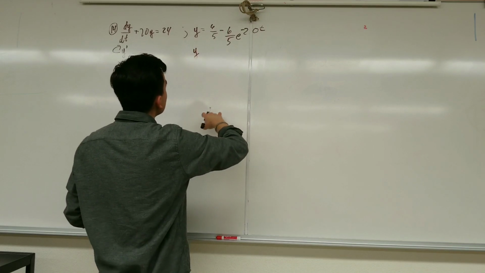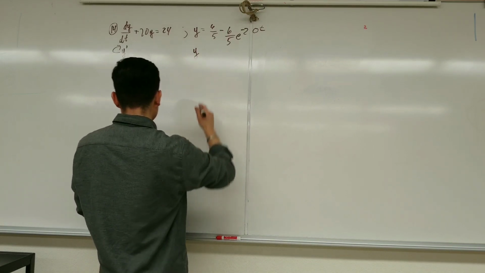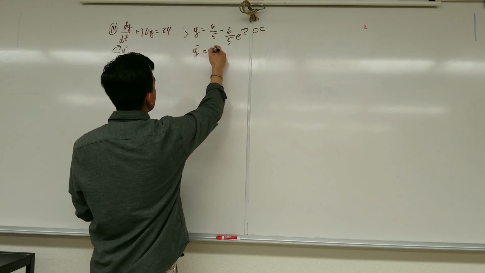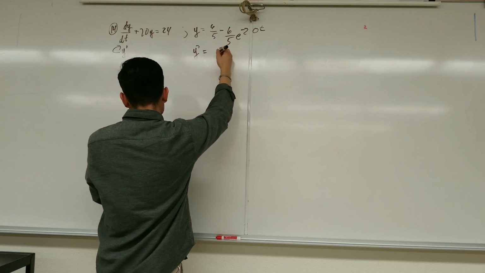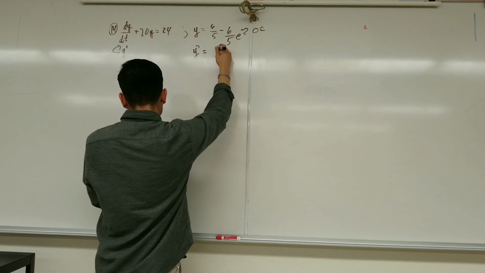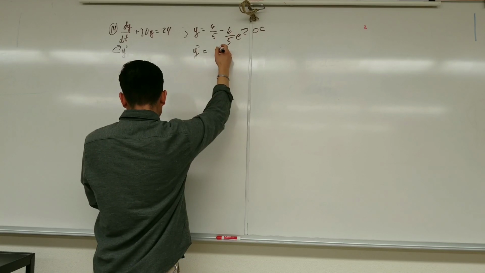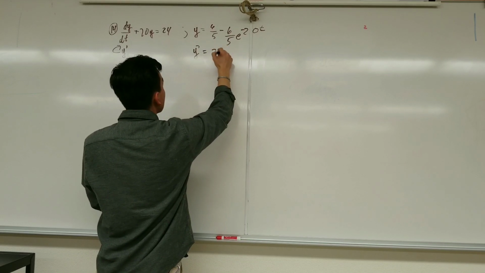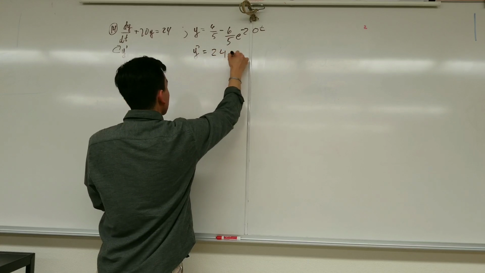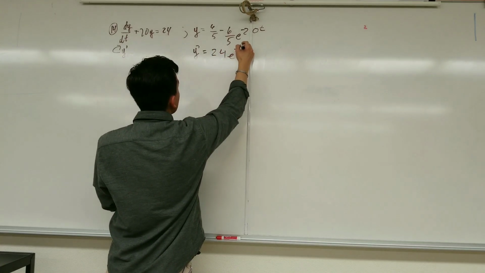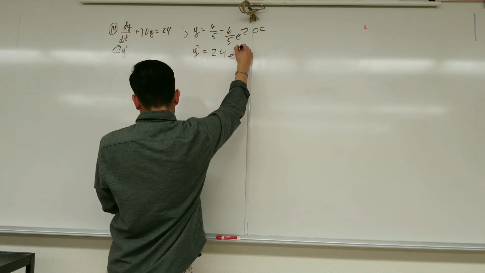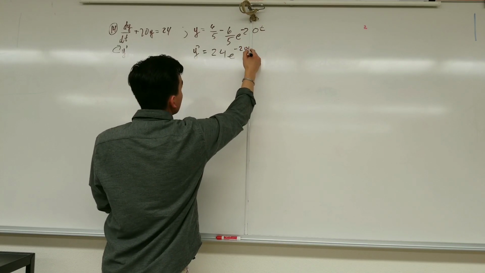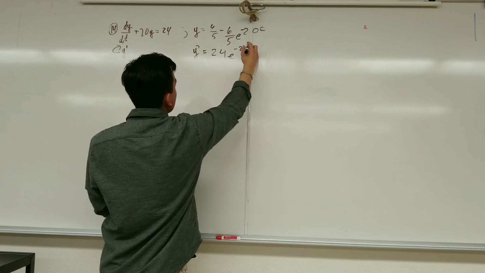We're not going to implicitly differentiate that. If we take a derivative of y, we're just going to have that times that, okay. That's a negative 20t.